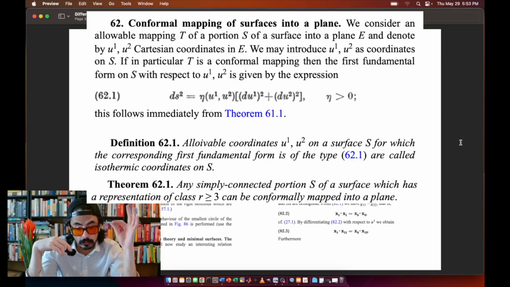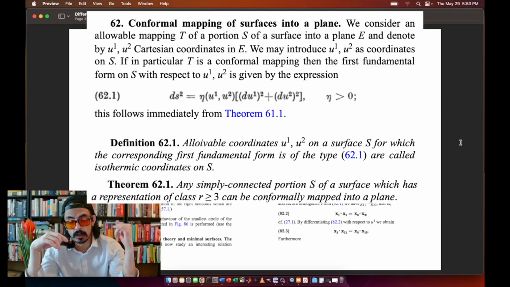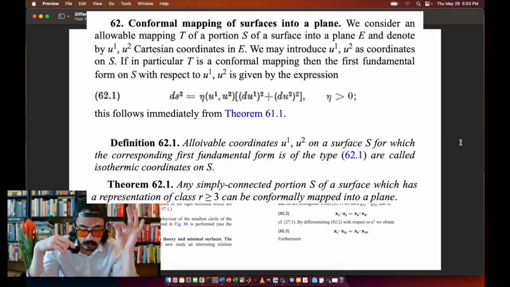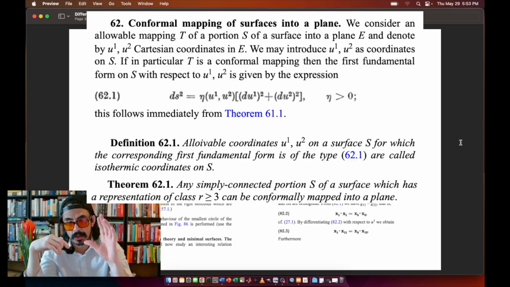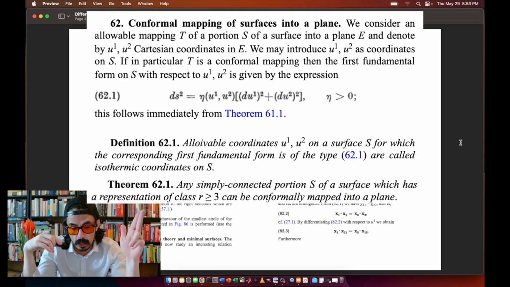And going on a little further, we have definition 62.1, which is that allowable coordinates u1 and u2 on a surface capital S for which the corresponding first fundamental form is of the type that I just read, that ds squared equals nu times du1 squared plus du2 squared, when it's of that type, they're called isothermic coordinates on that portion capital S. Because, okay, going back to this, now it's all going to make sense.